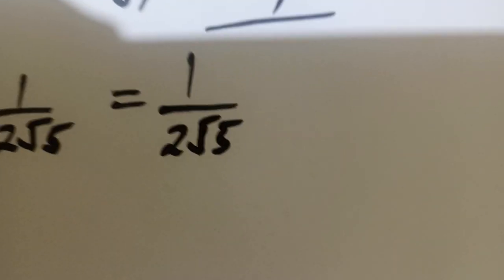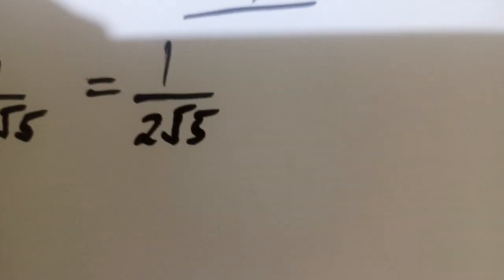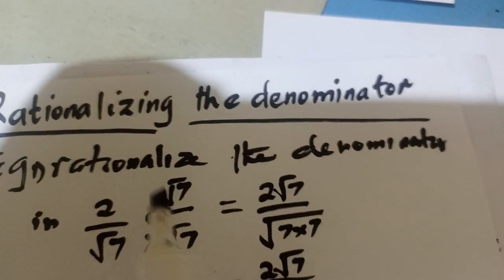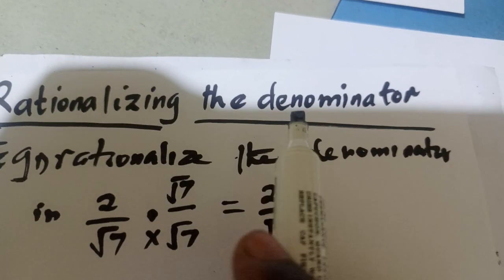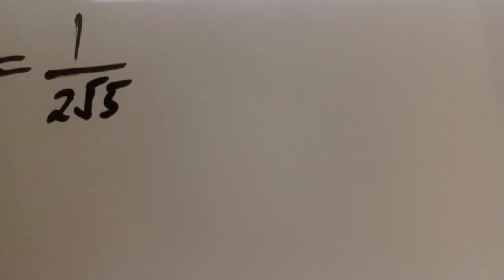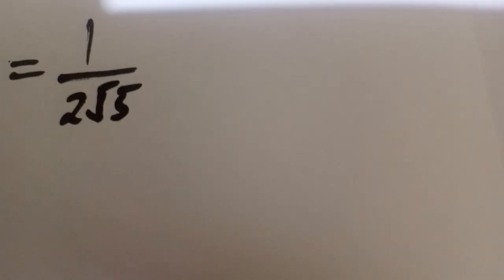Now, always we consider what is in the denominator, because remember the aim is rationalizing the denominator. So our focus is in the denominator. So here we have 2 root 5. This is a mixed surd. When a surd is multiplied by a rational number, it is said to be a mixed surd.